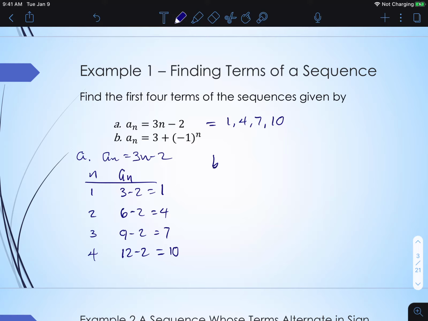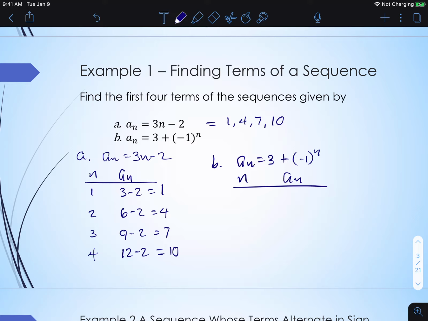For B, we've got a sub n is equal to 3 plus negative 1 raised to the nth power. What you're going to see here is that this is an oscillator, and if you understand what the word oscillate means, you'll see that this is oscillating.